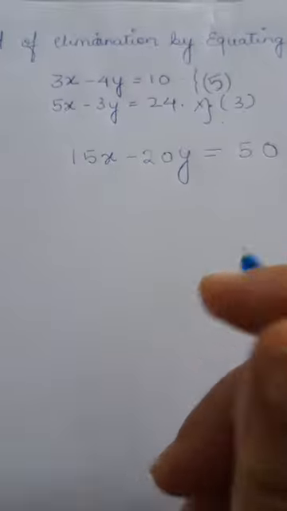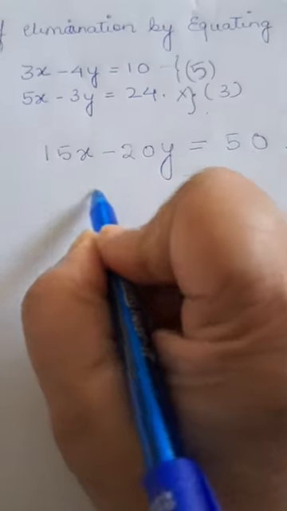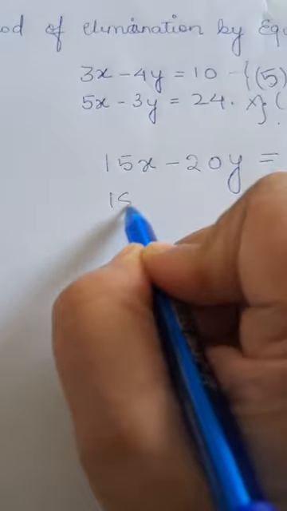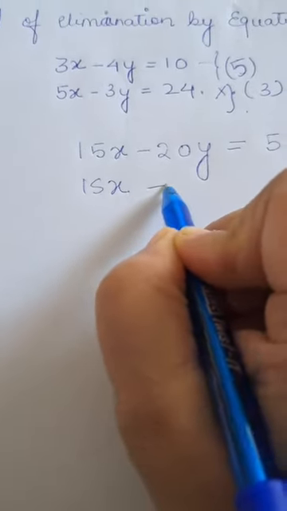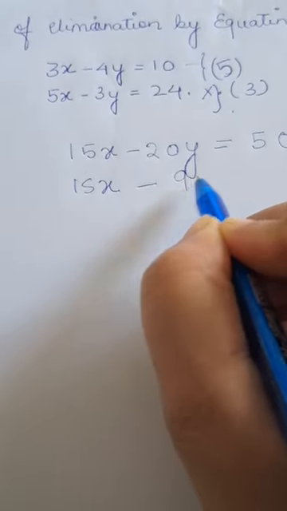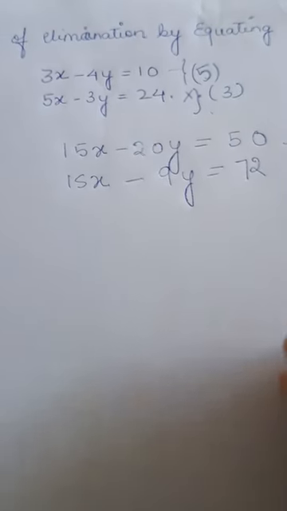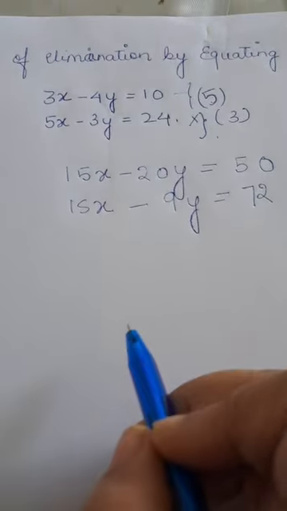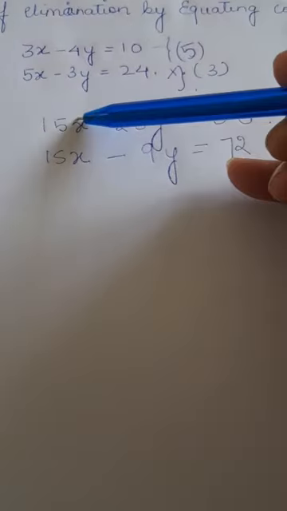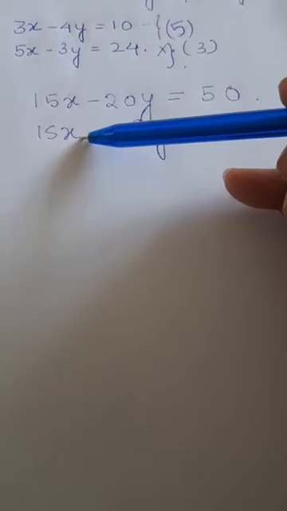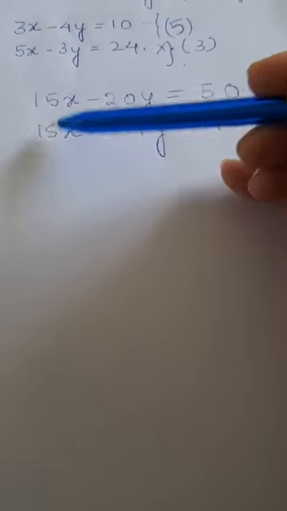The second equation will become 15x minus 9y is equal to 72. Right? Now what will we do? We see here that the coefficient of the variable x is the same.